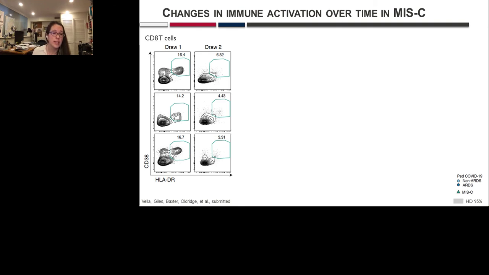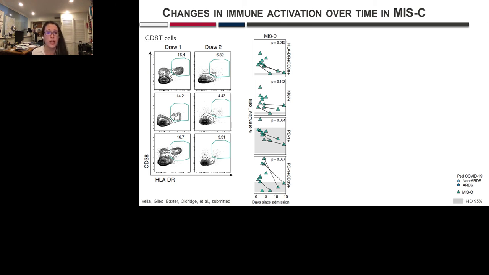So since the CD8 T cell activation response was one of the most remarkable things about these patients, we first looked at the percent of CD38 and HLA-DR positive cells at the first draw compared to the second draw. So that's what you see here. And each row represents one donor. So at the first draw, you see this very elevated CD8 T cell response that is significantly decreased by the second draw.